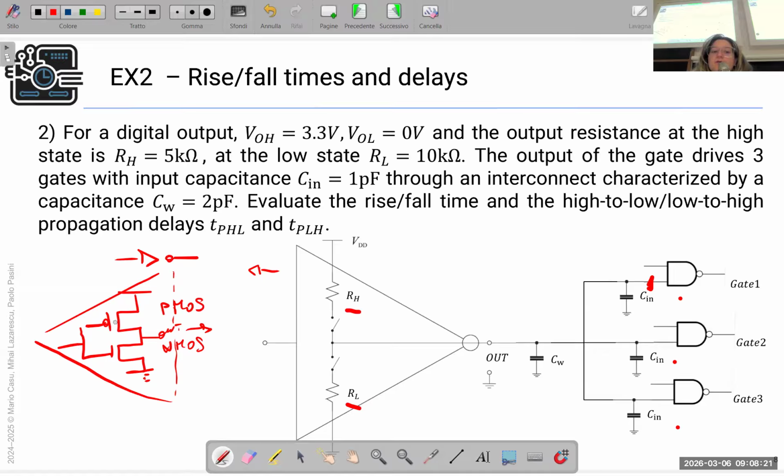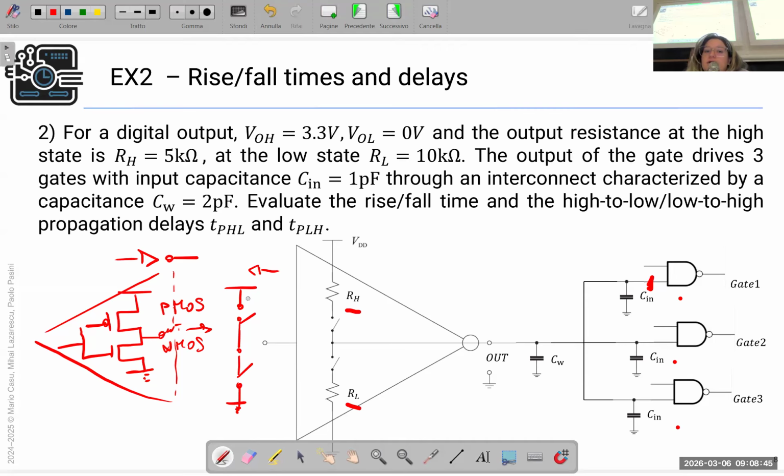So if this works in real life, we have interconnects, as we mentioned the last time, right? And if we have interconnects, we also have resistance.